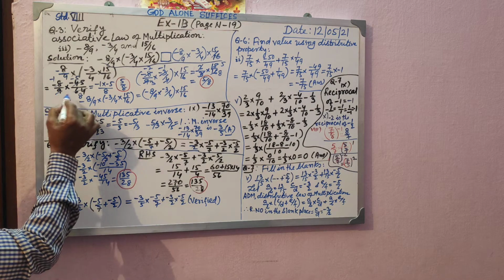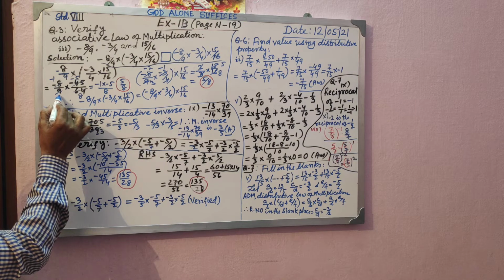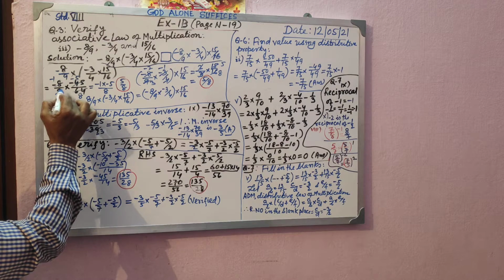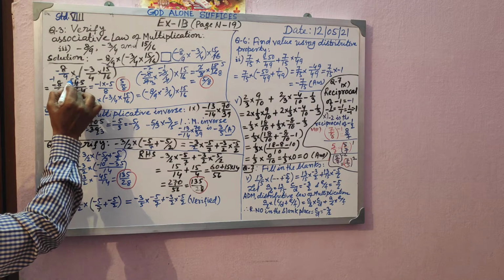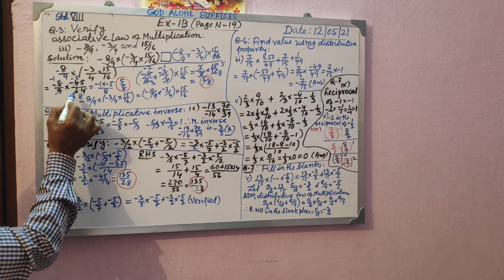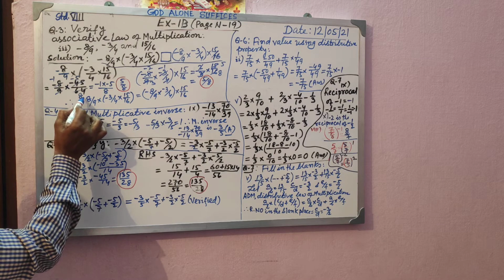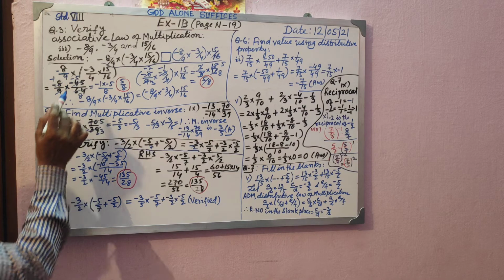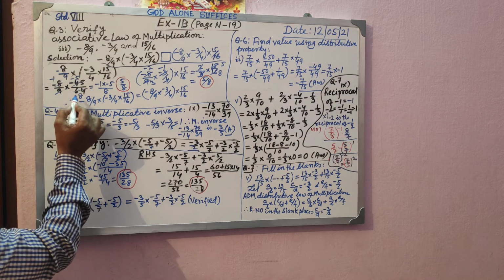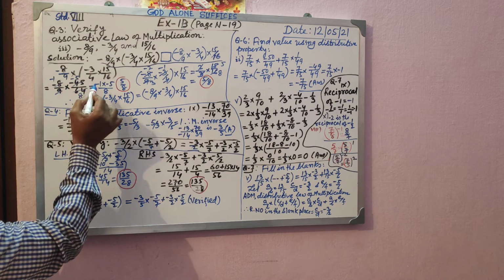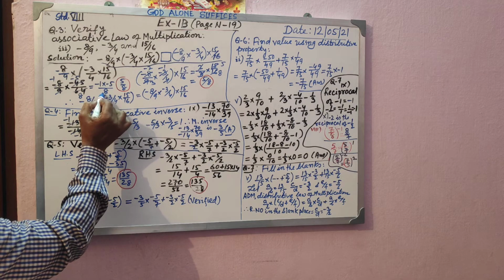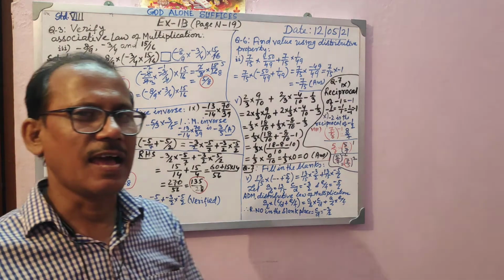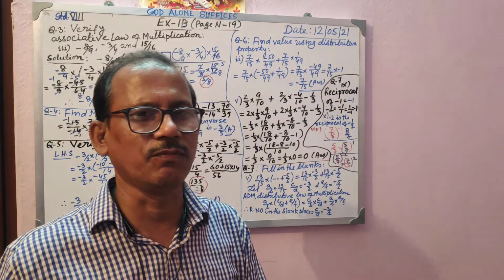Now the cancellation is possible. 5 9s are 45, 9 5s are 45, so minus 45 will become minus 5. Minus 8 8s are 64, so 8 in the denominator, and the minus 1 stays. So minus 1 into 5 in the numerator and 8 in the denominator. So the left hand side value came as the rational number 5 by 8.